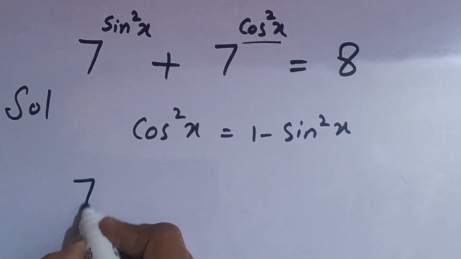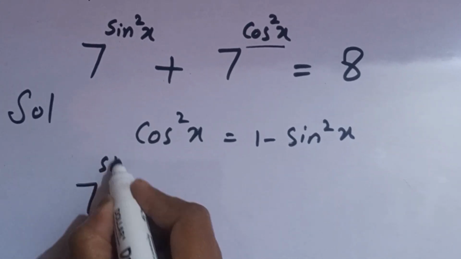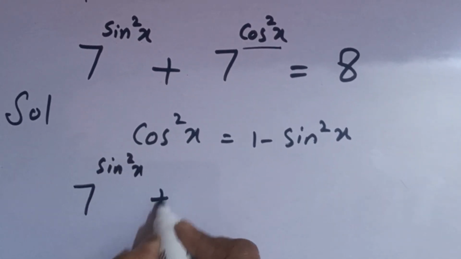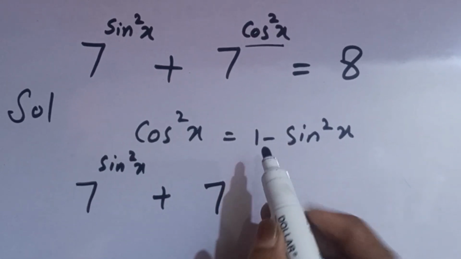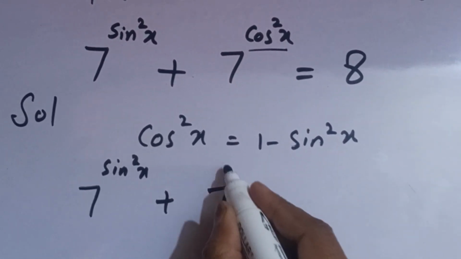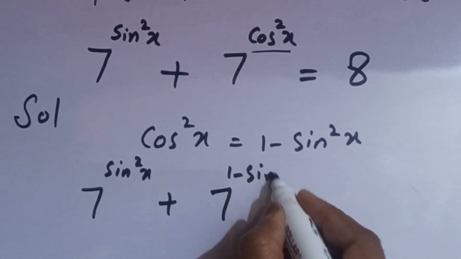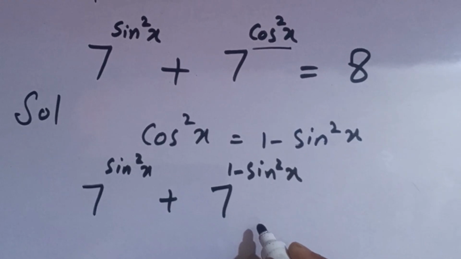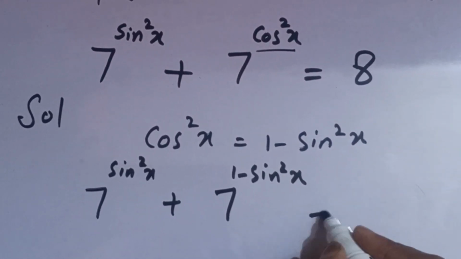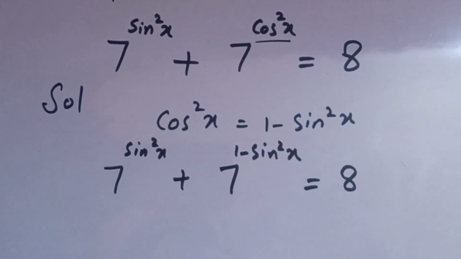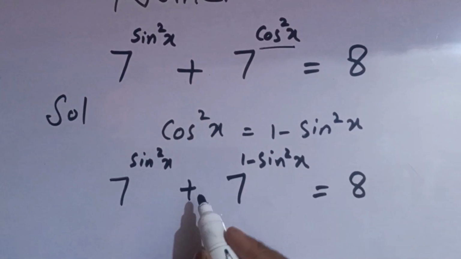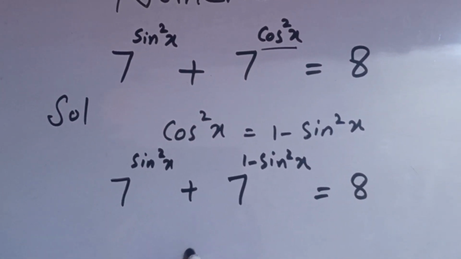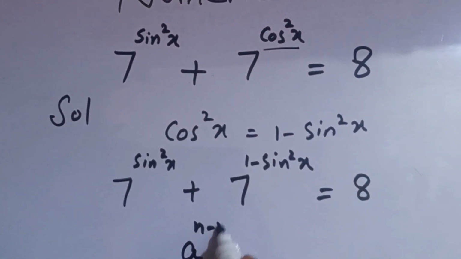So we have 7 raised to the power sine square x plus 7 raised to the power 1 minus sine square x, and this is equal to 8. Now in the next step, we use this identity: a raised to the power n minus m.